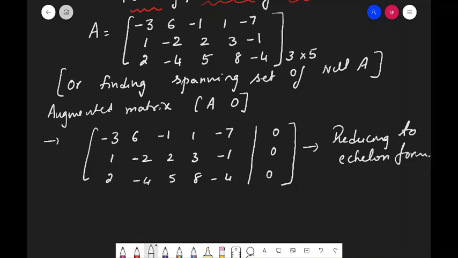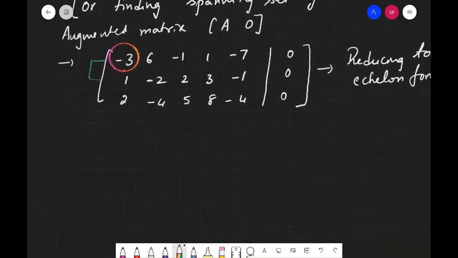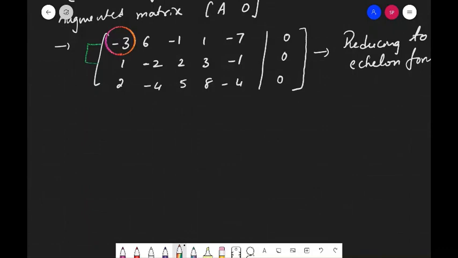If I observe here, the first row, first column element is -3. Instead, I think we can make it simpler. Let us interchange row 2 with row 1. So I'll do that as the first step. R1 is interchanged with R2.